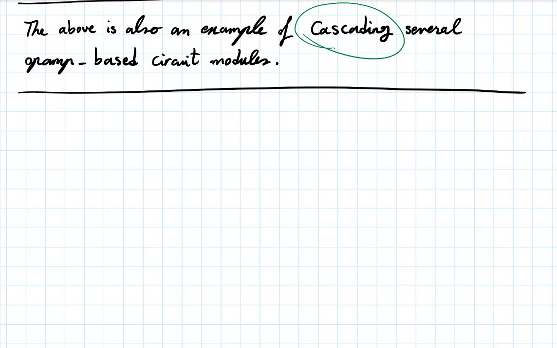So we saw some circuits that involved, for instance, capacitors, or an example yesterday that involved an inductor.